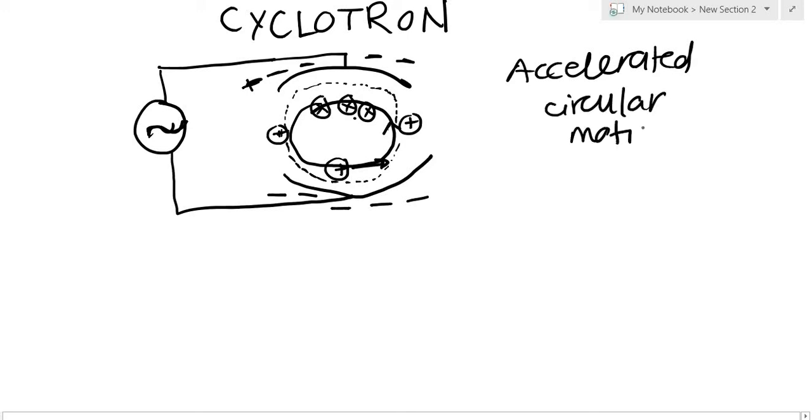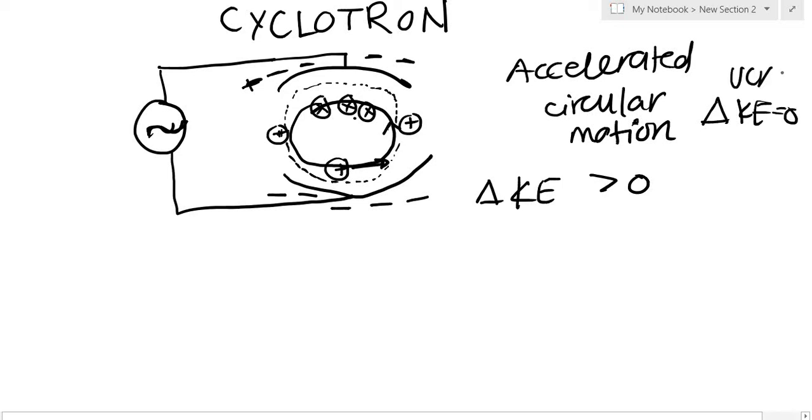And the great thing here is that the kinetic energy of the charge will increase, because in the UCM no work was done, so the change in kinetic energy was 0 before. But now, because of this accelerated circular motion, there will be an increase in kinetic energy, because there is an electrostatic force of attraction, and you can say the charge is getting slingshotted at this point.